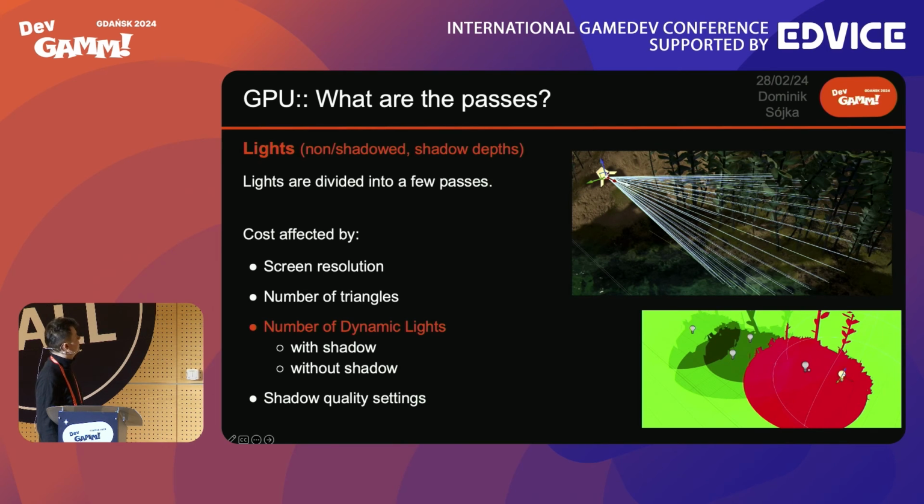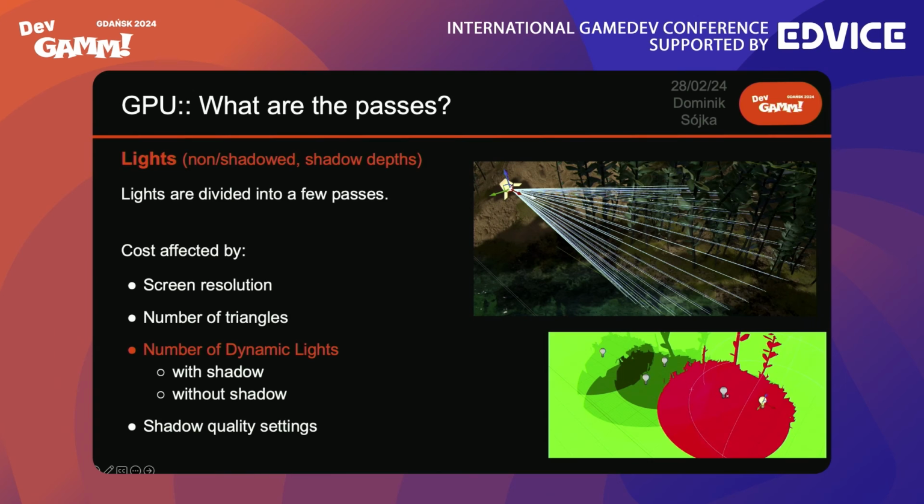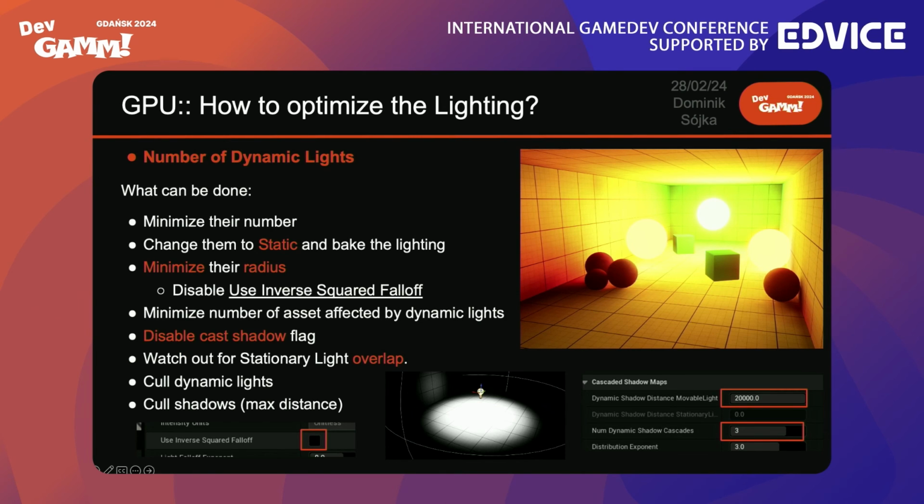So the most important thing when you are trying to optimize the lights is to optimize the number of dynamic lights. And it depends if you are using only shadow lights or you are using dynamic lights without shadows. There is a difference for the lighting passes. And what you can do when you have a problem with light passes is, of course, minimize their number.